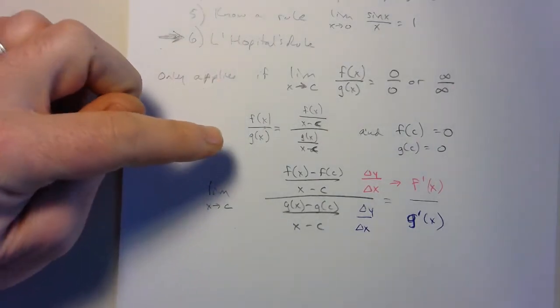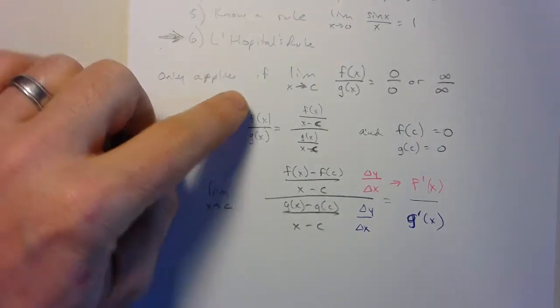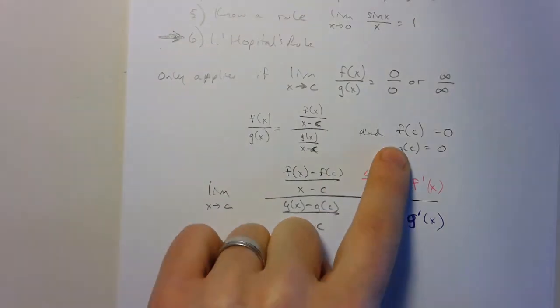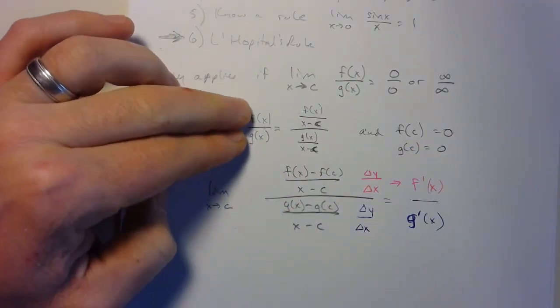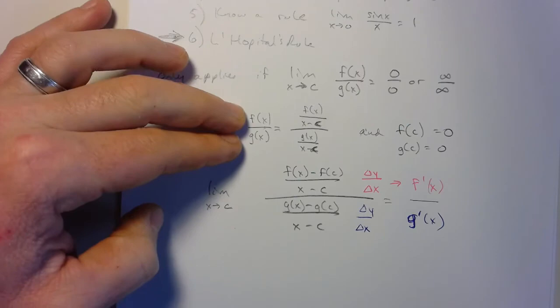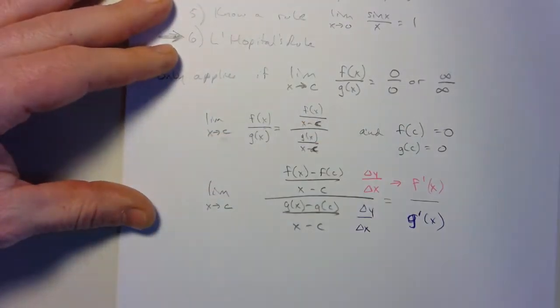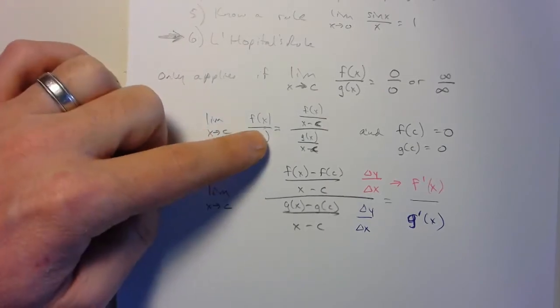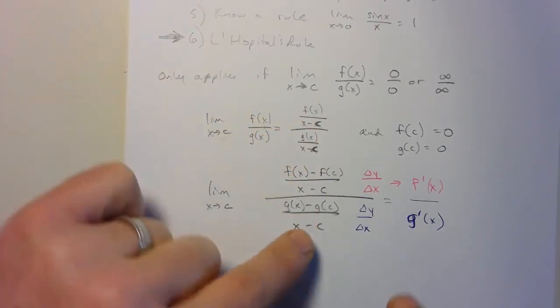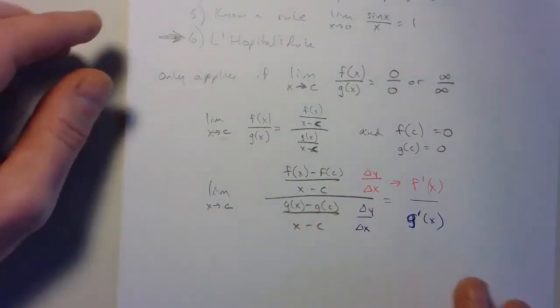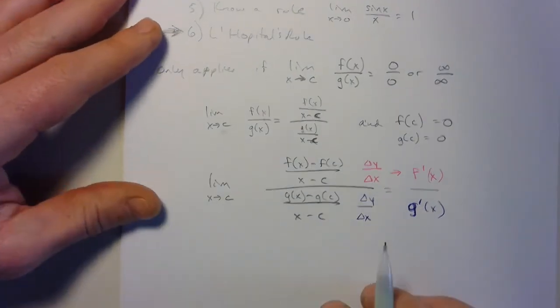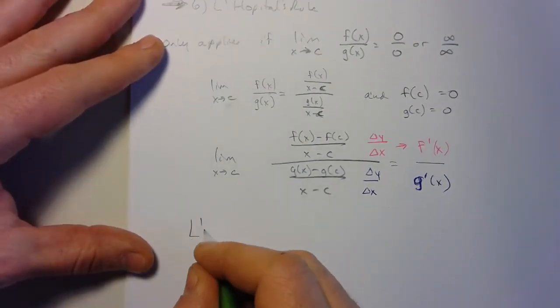So as long as we have the condition that f of c and g of c equal 0, then the limit that this function is approaching, I should put a limit as x approaches c of this function, the limit that this function is approaching, and we just simplified, is going to equal the limit that the derivatives approach, all right? And that's basically what L'Hopital's rule is.